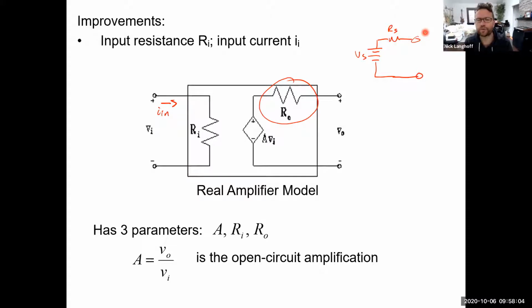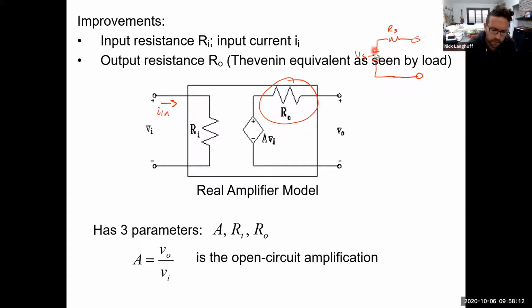That's also true for any real dependent voltage source that you are going to develop. So that dependent source does have a non-zero output resistance RO. It turns out we can make it very small, but we cannot make it zero.